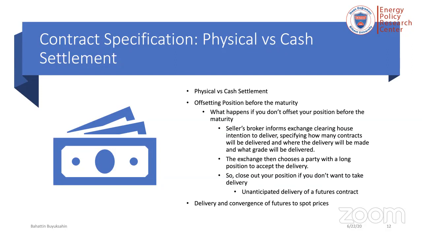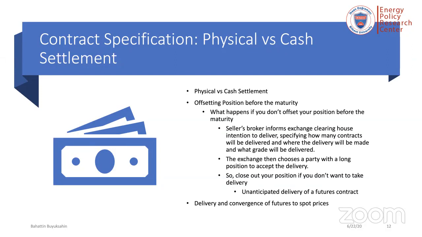Traders can offset a futures contract they have bought by a subsequent sale, or offset a futures contract they have sold, meaning they have a short position, by a subsequent purchase. It means they can go long. If you sold 1,000 contracts short, then in order to offset your position, you have to go long 1,000 contracts.